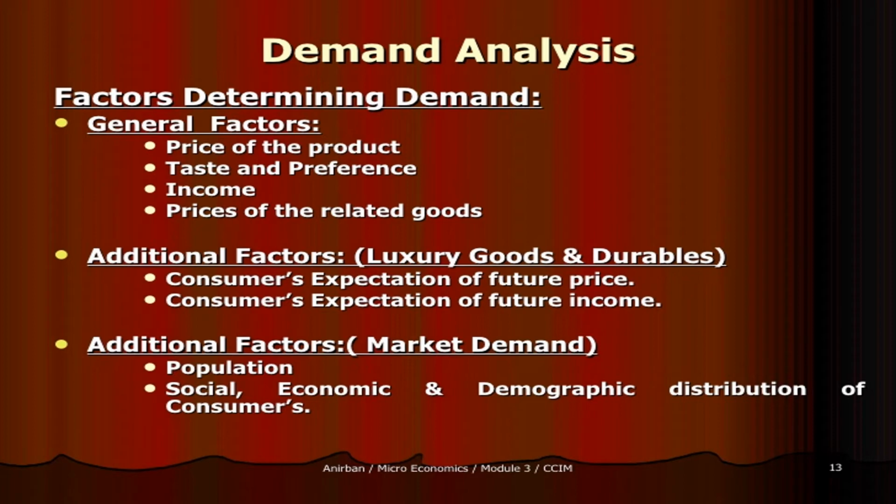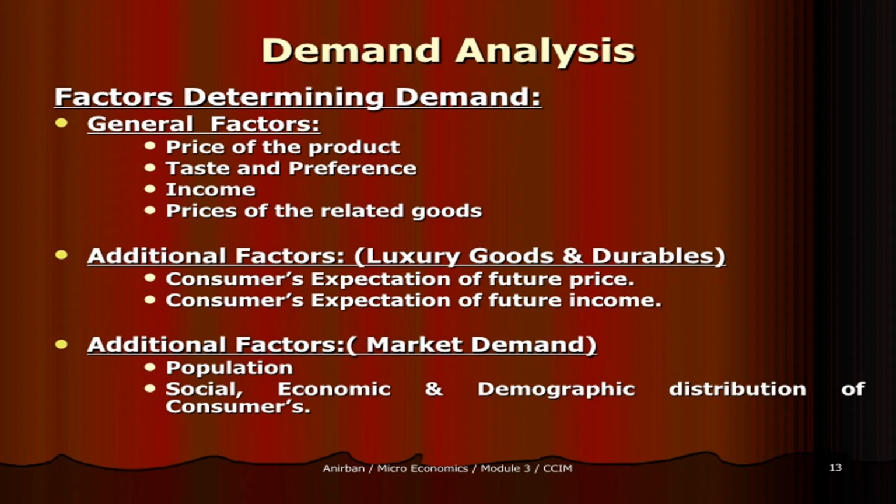And in the general factors, the last one is prices of the related goods. Demand for a commodity not only depends on the price of that particular commodity, but also on the price of other related commodities, such as substitute or complementary commodities. For example, in the case of substitutes like tea or coffee, a rise in the price of coffee will increase the demand for tea and vice versa.